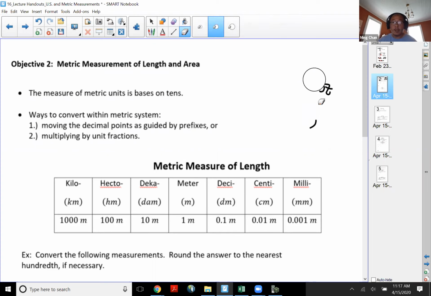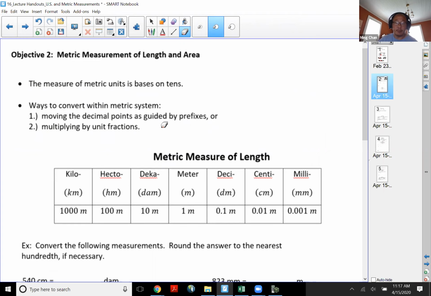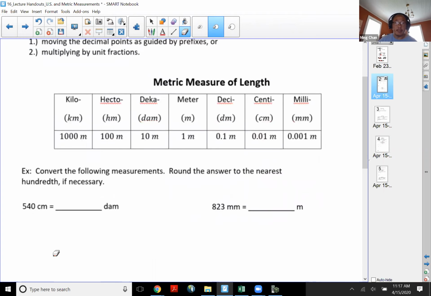All right. So whenever we convert between metric units in terms of length, capacity, and weight, the easiest way to do it is moving decimals, as guided by the prefix. For example, if I want to convert this problem right here, you probably don't need to round because all we're doing here is moving decimals.